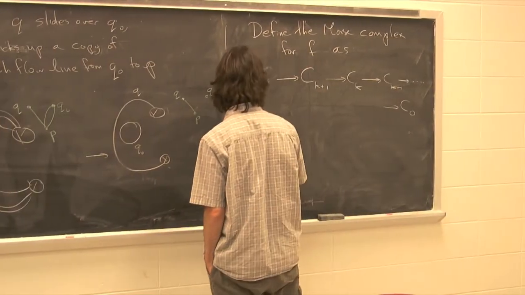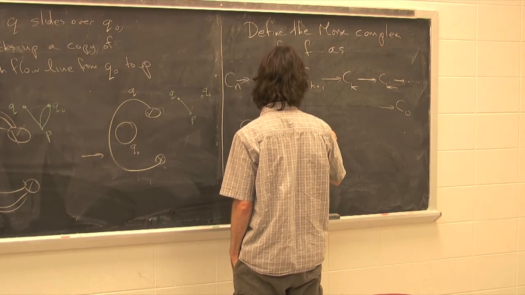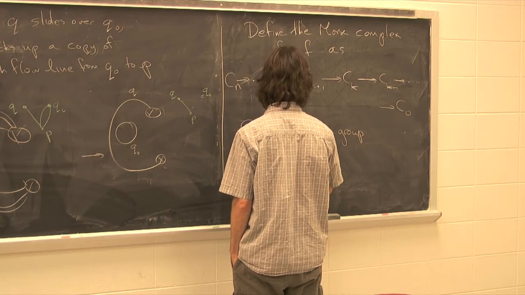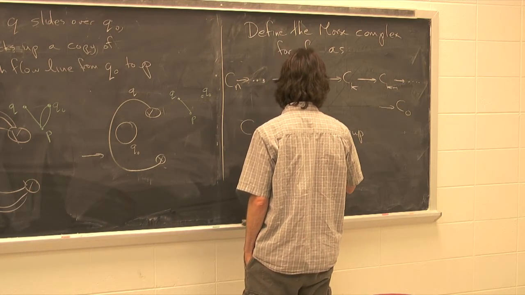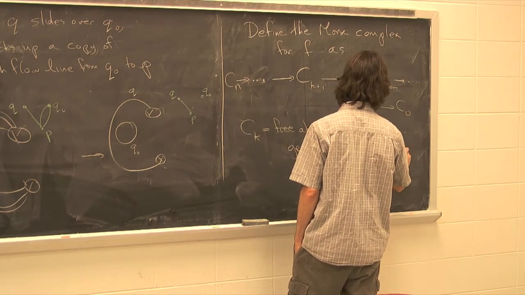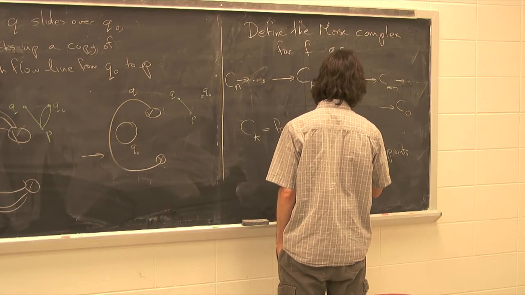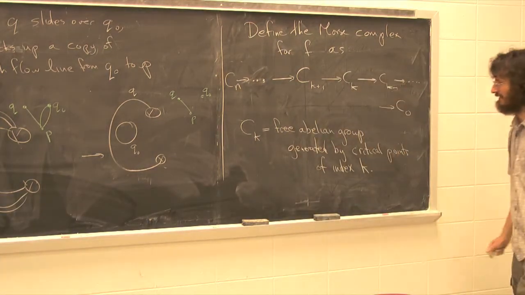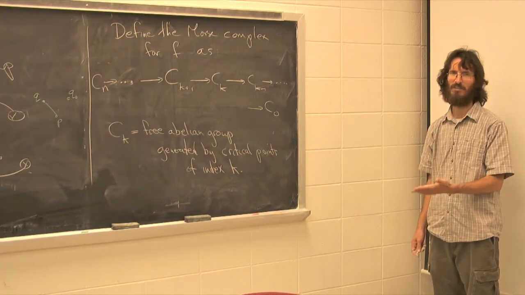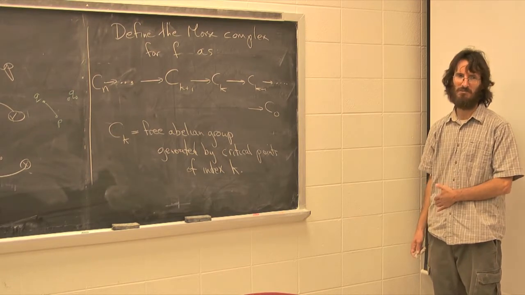C sub k is a free abelian group generated by critical points of index k. So that just means it's an algebraic object which is a set of formal linear combinations of critical points of index k with integers, right?